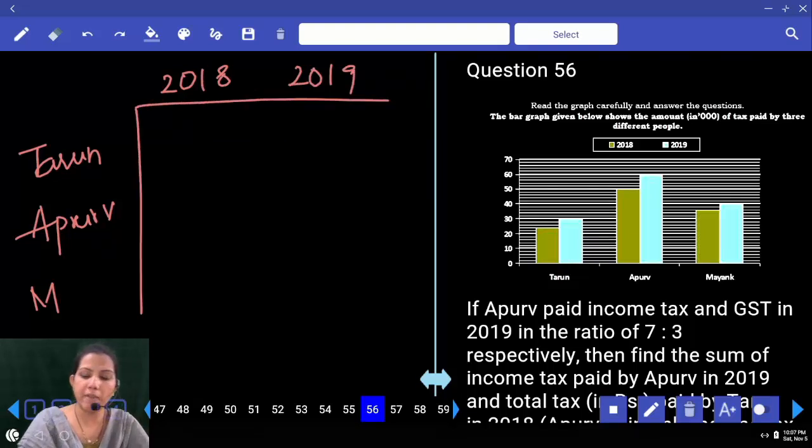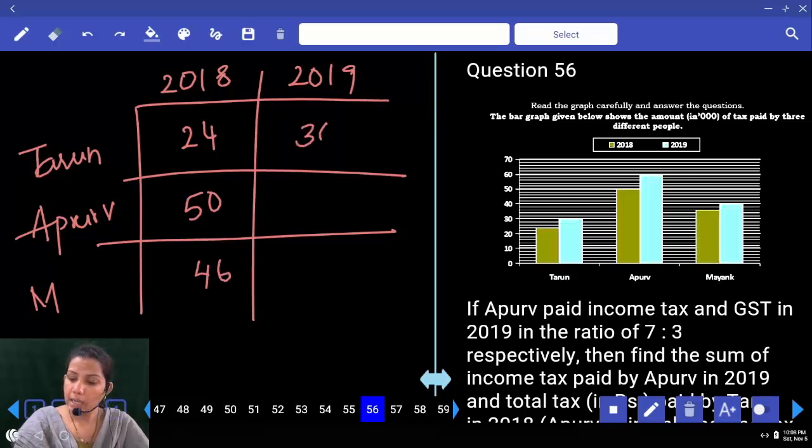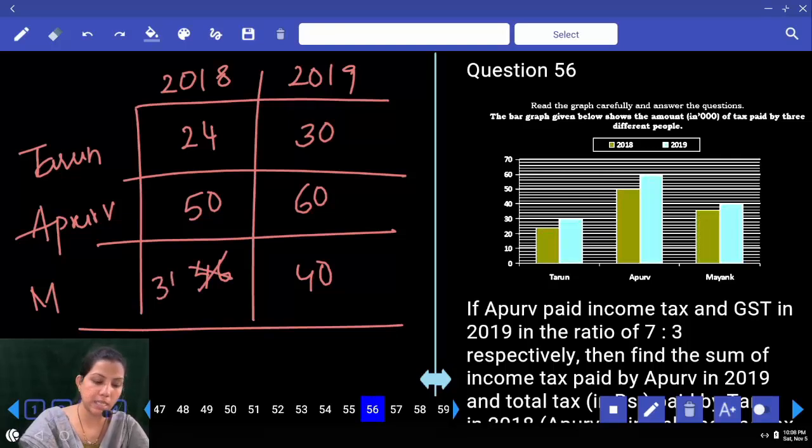While writing the exam you can write those values in a small table, or even if you don't, it's okay, but if you write, you will be a little more comfortable. What is Tarun's 2018 value? 2018: 24, next value 50, next value 46. 2019: 30, next 60, next value 40. So these are the amount of tax paid by 3 different people. Mayank, okay, so this is not 46, it is 36. Done.